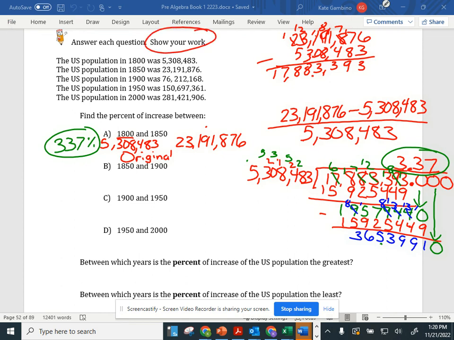Show your work. We will be correcting this tomorrow because I want to have this covered before we go into Thanksgiving. So we will be correcting this tomorrow. Okay, so work on it tonight.